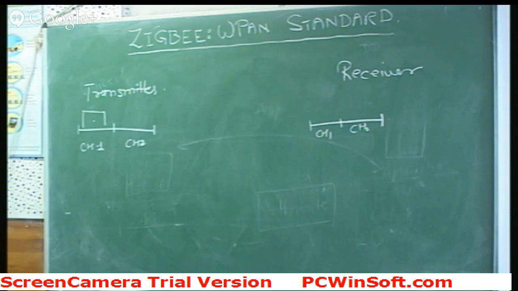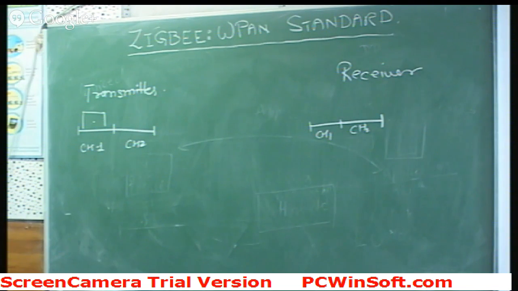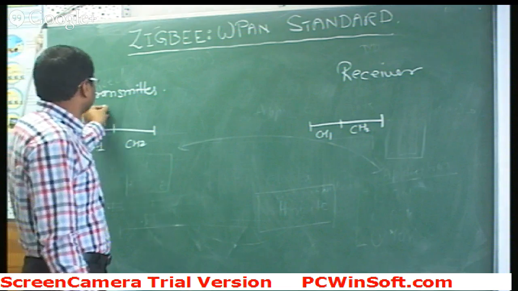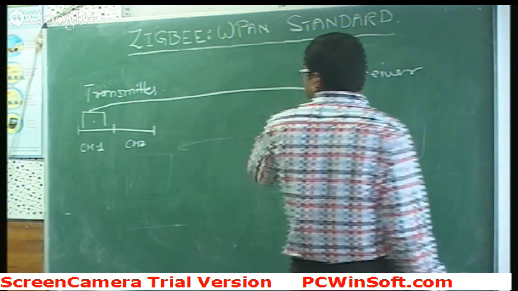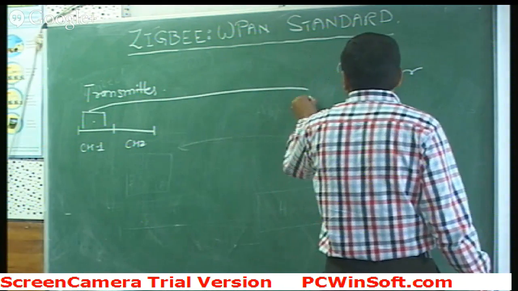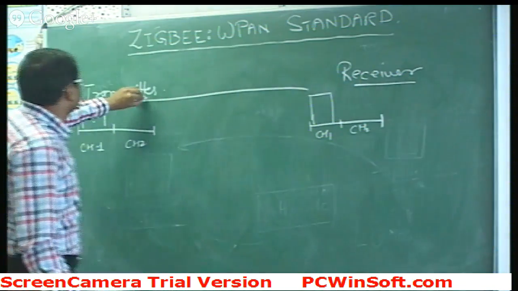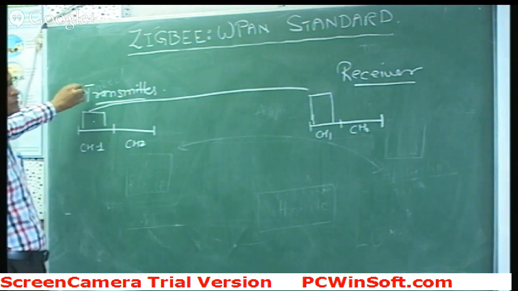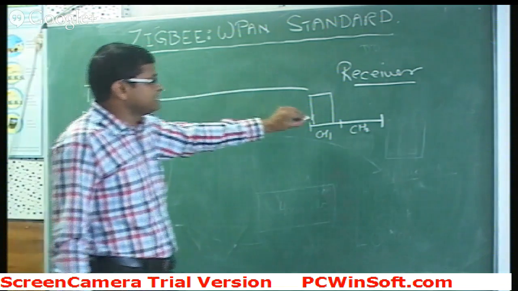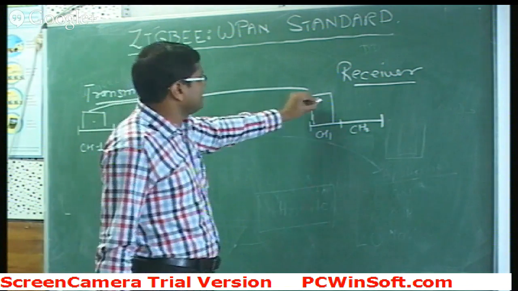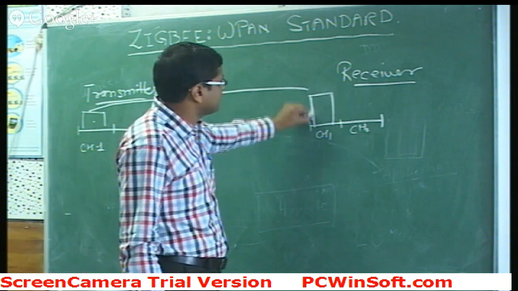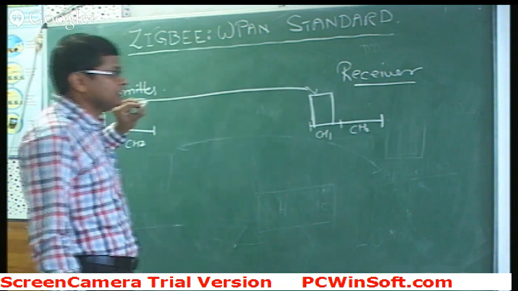In the normal case, if I select channel 1, my transmitter will send it over the air, and the receiver, which knows that the transmitter is going to send the signal over channel 1, tunes its frequency onto channel 1 and receives this signal.